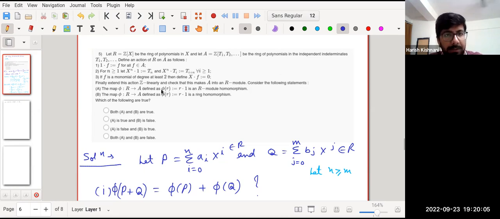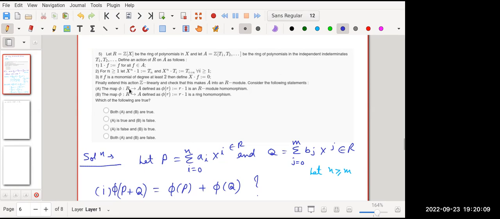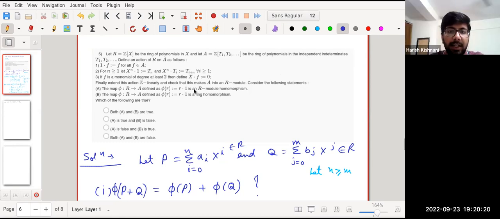Your scalar will come from the ring R, and it will be a polynomial. We are taking R as a module over itself and A as a module. Both are modules. It's not written anywhere, but it's saying that for R module homomorphism, you have to check it as an R module homomorphism.